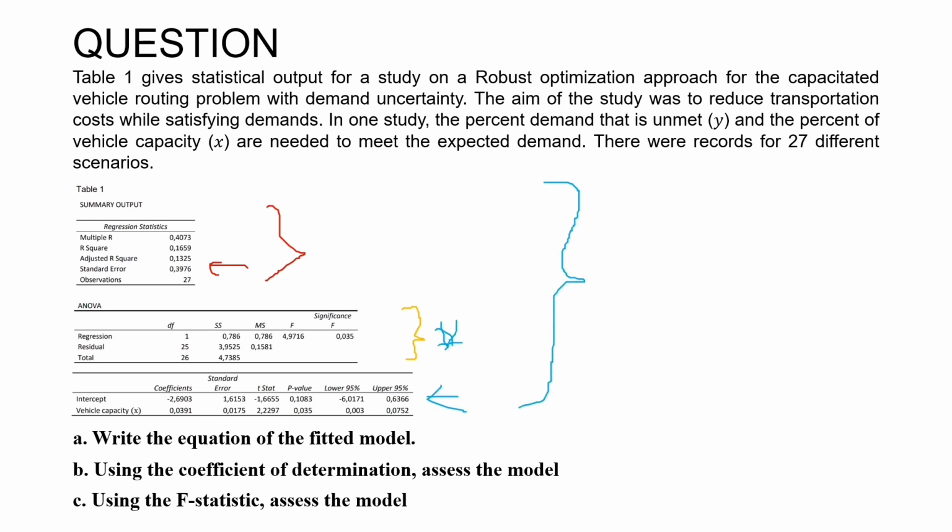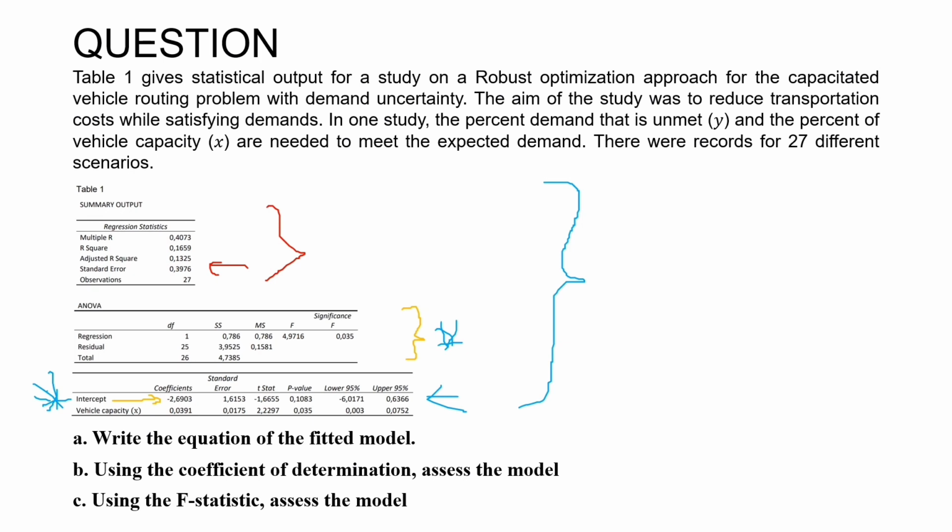This table that you are looking at is information provided to us about the coefficients, or the slope, of the regression model from the data that was collected. The first row represents our intercept, and the value there is minus 2.69.